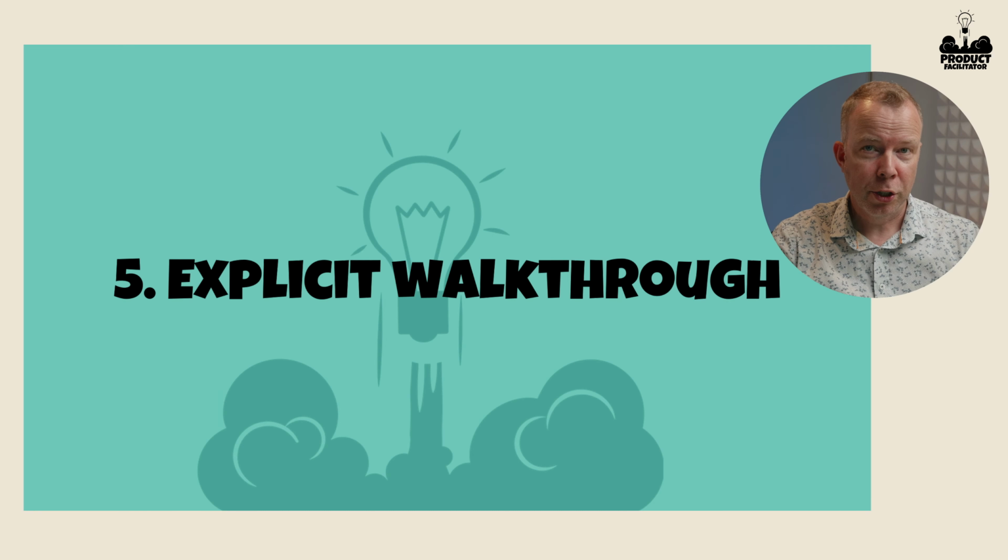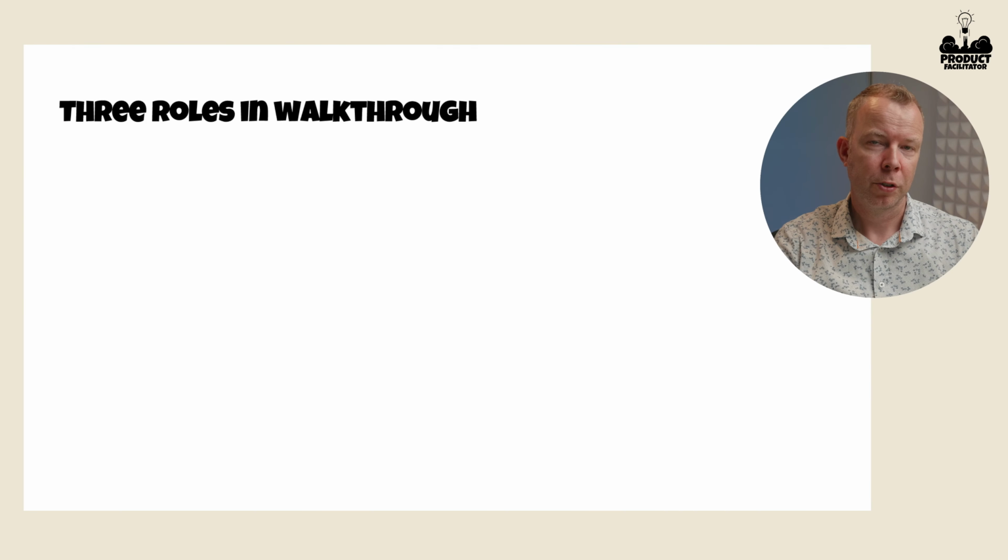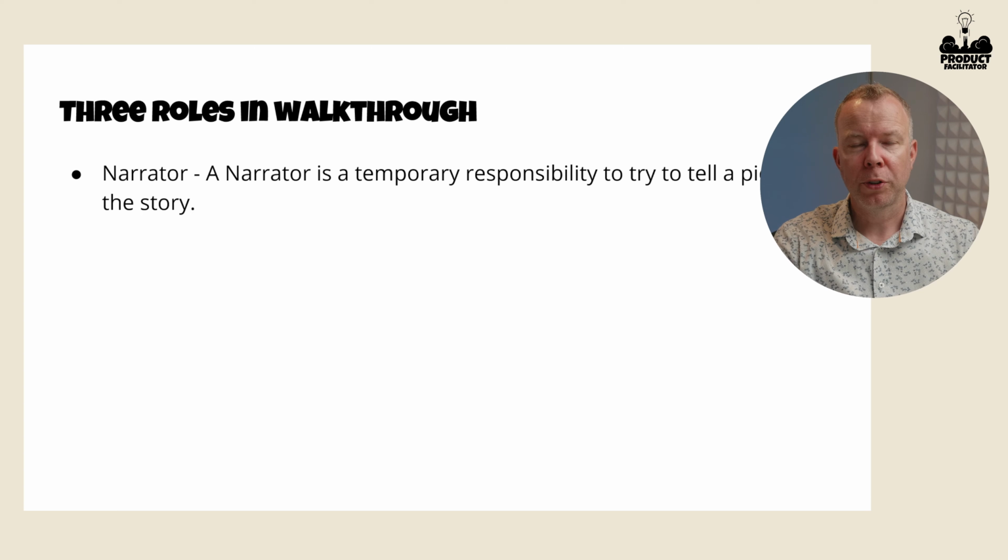The next step is to do an explicit walkthrough, which is a fun activity. In those steps, we need a narrator, a scribe, and a validating audience. So there are basically 3 roles in the walkthrough, like we said. So typically the narrator of a specific frame in your overview stands up because he or she is the expert here.